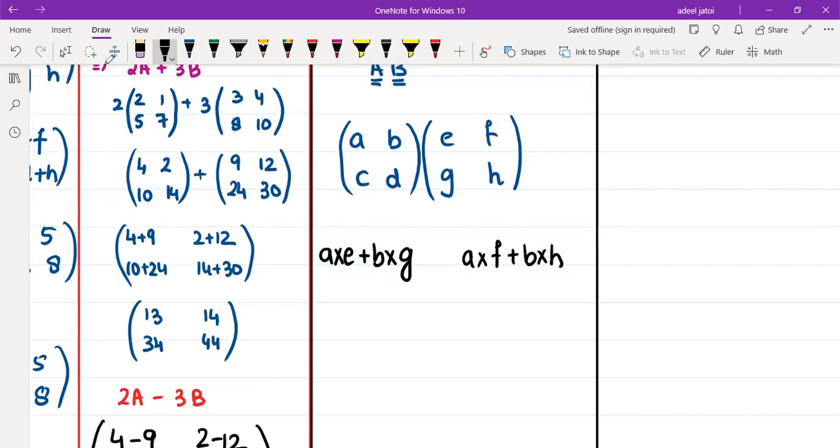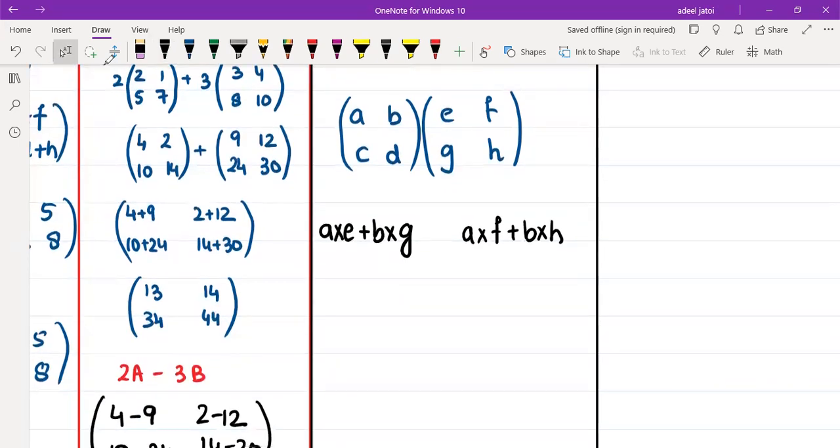This only shows your first row. That means your first row is being multiplied with the first column and your first row is multiplied with the second column. Now, you need to understand your second row will be multiplied with the first column and the second column.